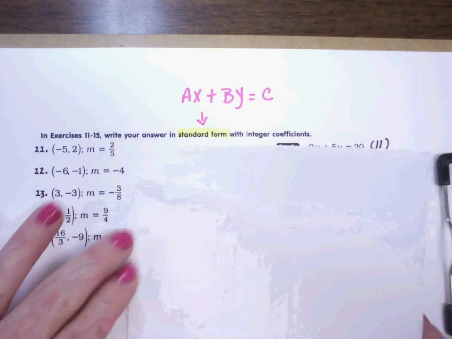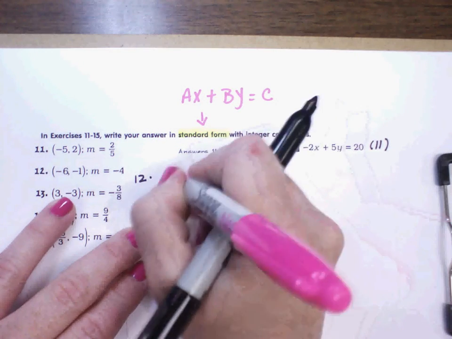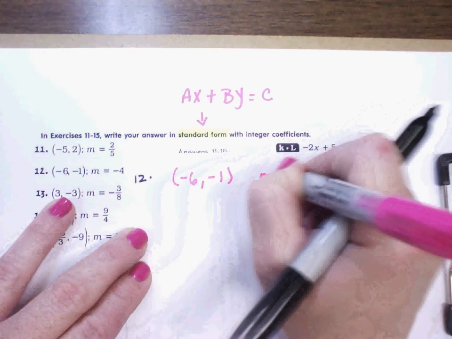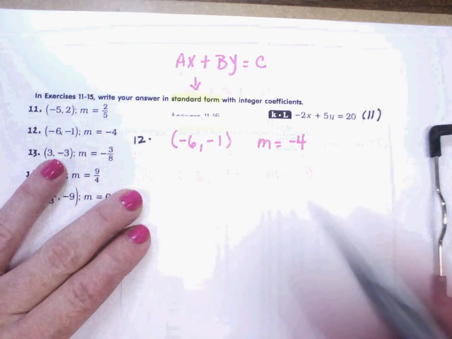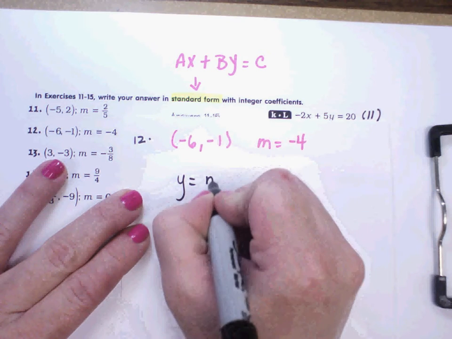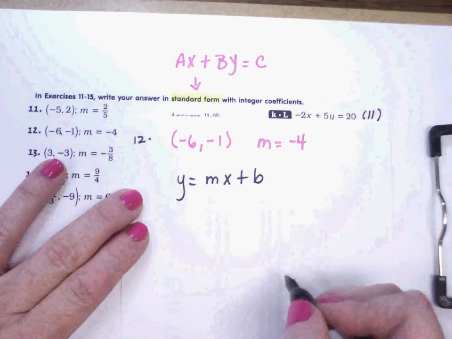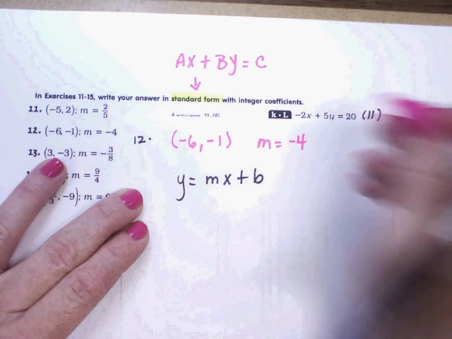So for number 12, I have a point of (-6, -1) and a slope of -4. Okay, so the first thing that I'm going to do is substitute into the slope-intercept form, slope and y-intercept, so that I can find my b, because I need my b.